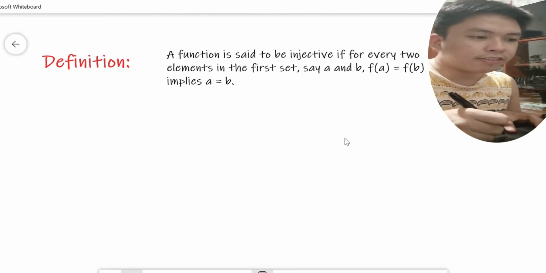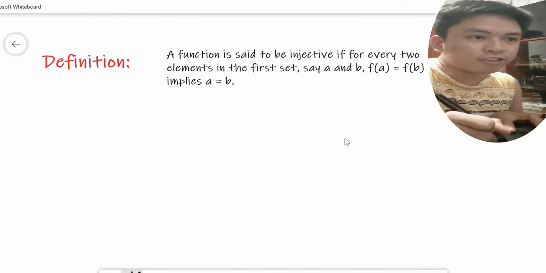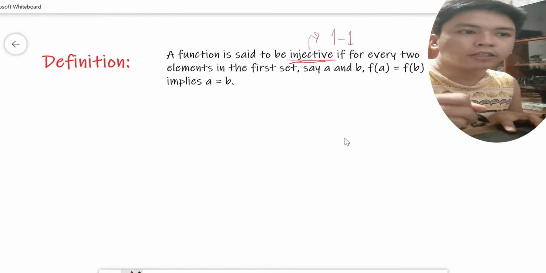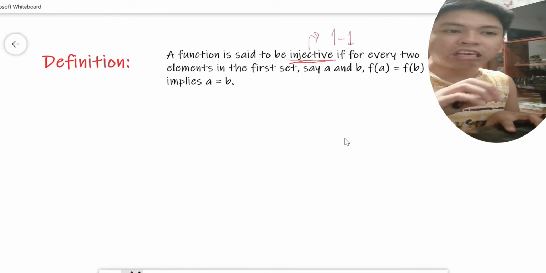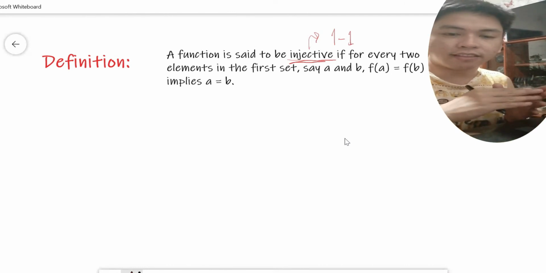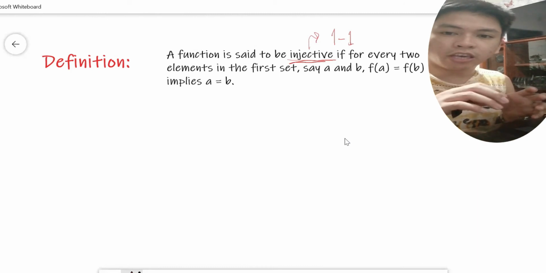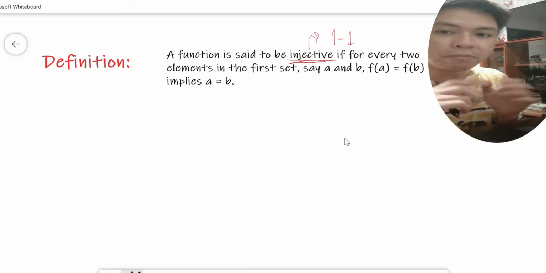A function is said to be injective. Some other books call this a one-to-one function. It is injective if for every two elements in the first set, say a and b, if f of a is equal to f of b, it implies that a is equal to b.